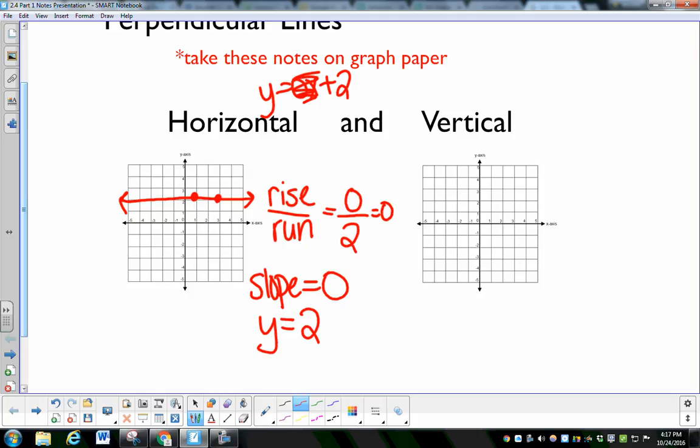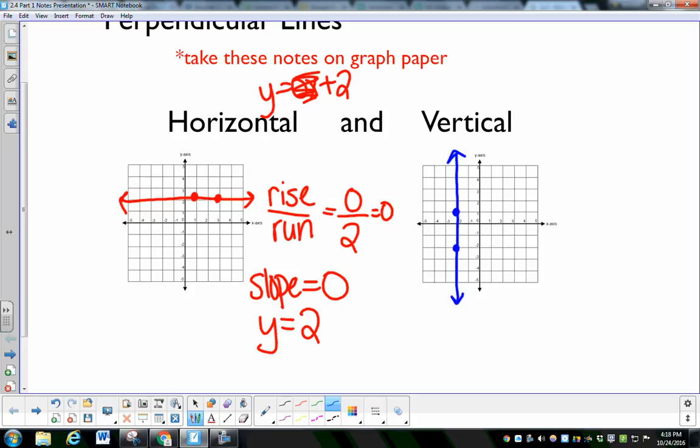Let's go ahead and take a look at a vertical line. So what I'm going to do on my vertical line is I'm going to go to -2 on the x-axis, and I'm going to draw a vertical line right there. If I take any 2 points on that line, so I'm going to look at the points -2, 1 and -2, -2.